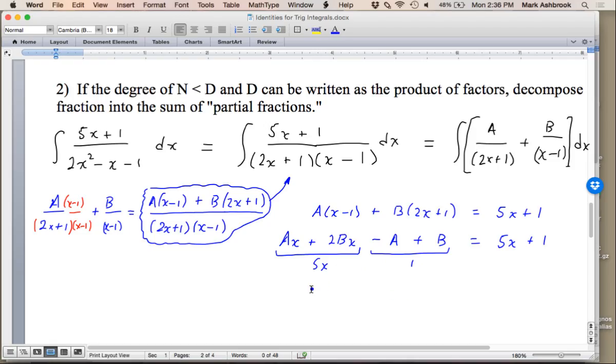Okay, so what I get from that is that A plus 2B has to equal 5. If Ax plus 2Bx equals 5x, then A plus 2B has to be 5. And then also negative A plus B has to equal 1.